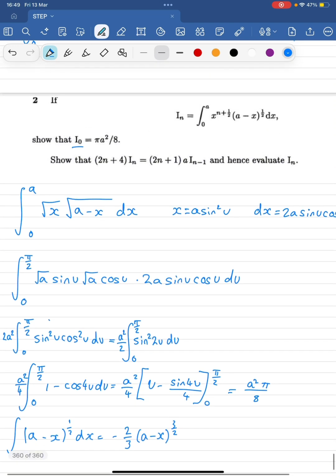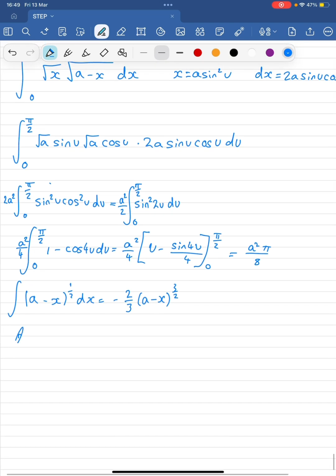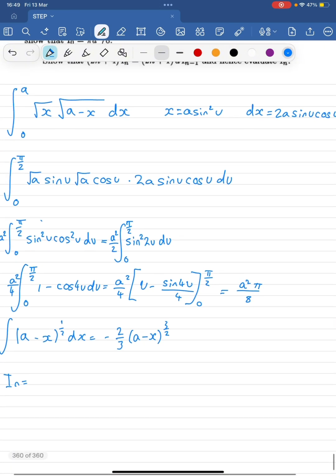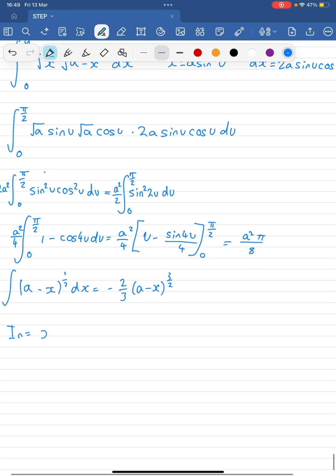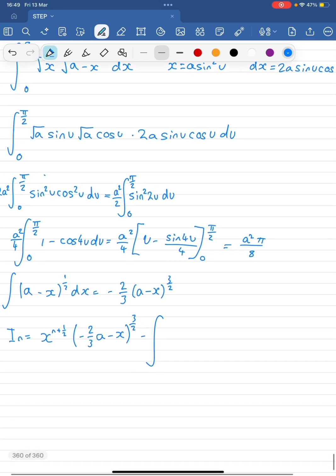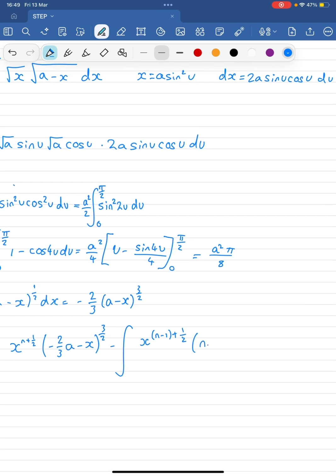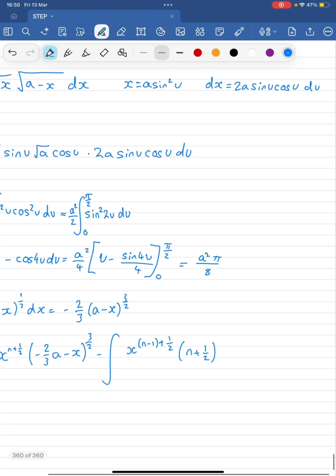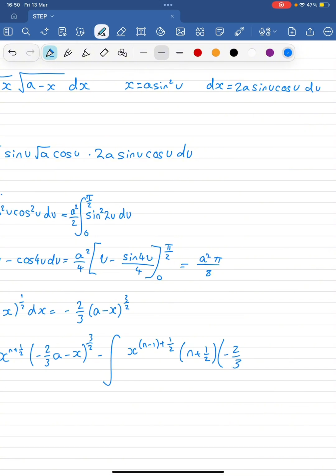So leaving the first term, so we have x, I'll just write I n equals x to the n plus a half times minus 2/3 a minus x to the 3 over 2, minus the integral of x to the n minus 1 plus a half times n plus a half times minus 2/3.